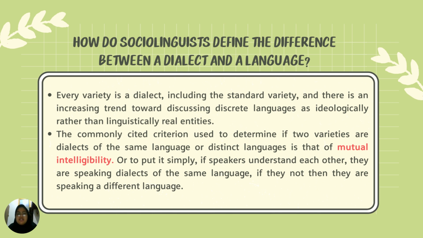The commonly cited criterion used to determine if two varieties are dialects of the same language or distinct languages is that of mutual intelligibility. Put simply, if speakers understand each other, they are speaking dialects of the same language. And if they do not, then they are speaking different languages.